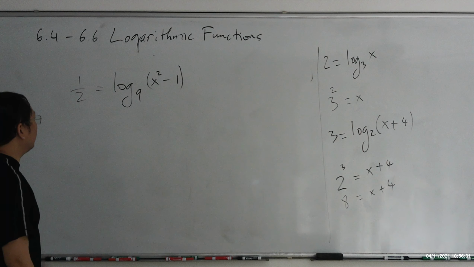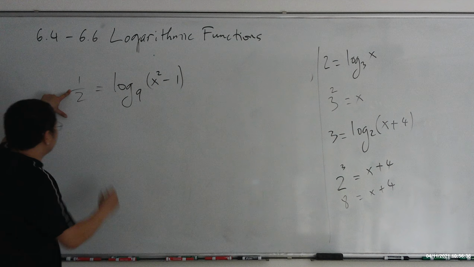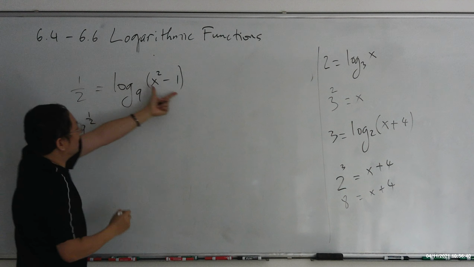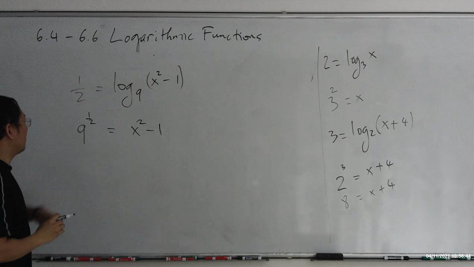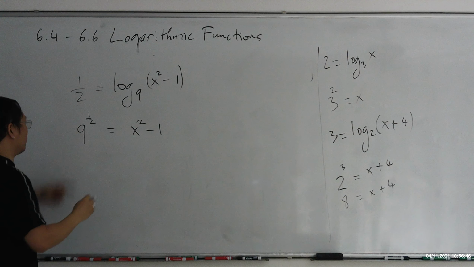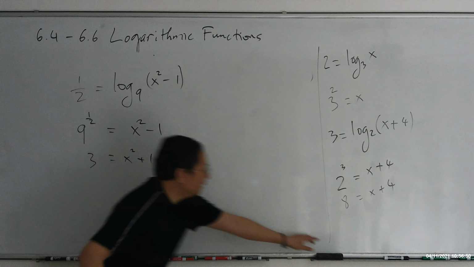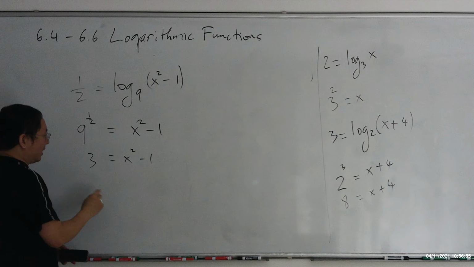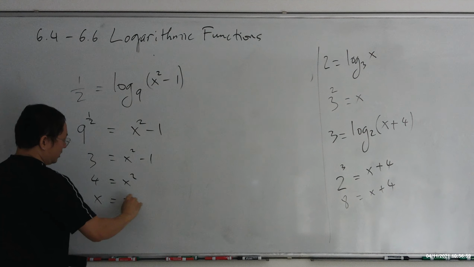By definition, the base is 9, the exponent is 1/2, so it means 9 raised to the 1/2 is equal to whatever is inside of the log, which is x squared minus 1. And you know the exponent 1/2 is square root, so 9 to the 1/2 is 3, equal to x squared minus 1. So I add 1 to both sides, and I can solve for x in here: 4 equals x squared, so x could be plus or minus 2.